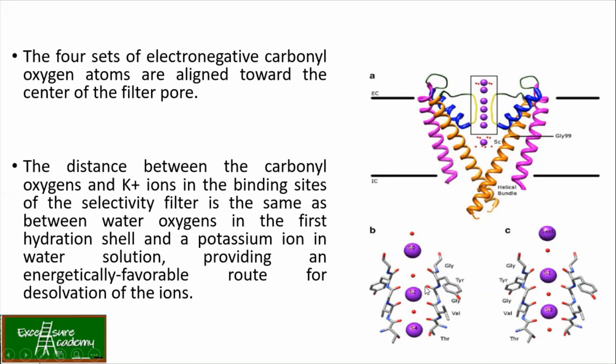Okay? So the distance between the carbonyl oxygen and the K plus in the binding sites of the selectivity filter is the same as between the water oxygens in the first hydration shell and the potassium ion, and hence they are able to form an energetically favorable route for desolvation of the ion.